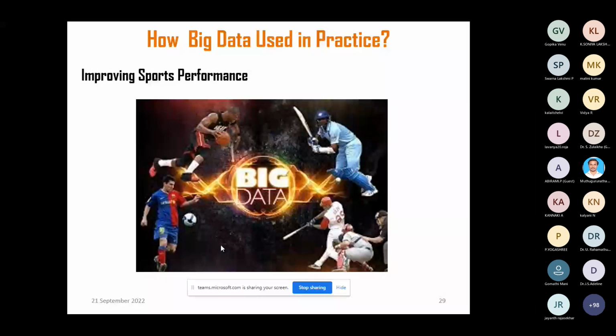Over a span of two or three months, they consistently watch the player's performance and develop predictive models that help change the pattern of gameplay, pointing out the weak areas of a player and how to change the game pattern. This helps them play much better in upcoming games. So this is another area where big data technology is widely used.